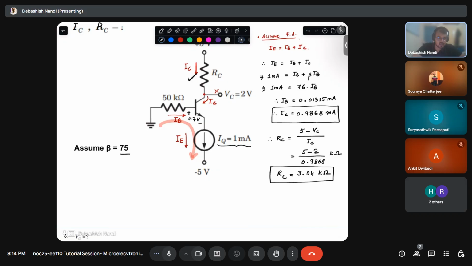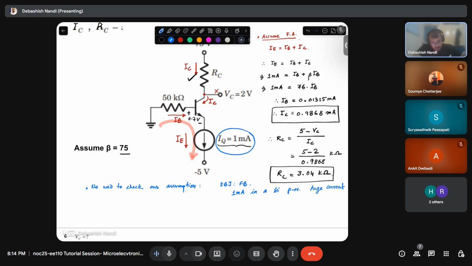But what is the step left? That we need to check our assumption of forward active, okay? So by the way, my emitter base junction is forward biased. How can I say that? I can say that just by looking at the level of current, okay? 1 milliampere in a silicon PN junction is a huge current.